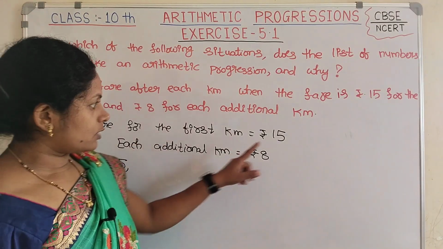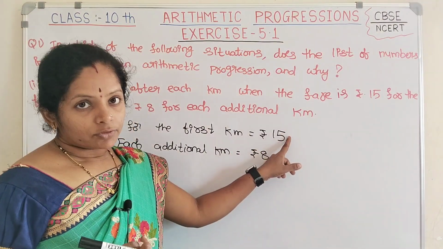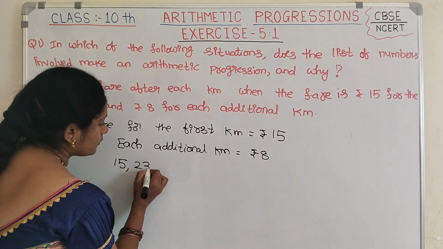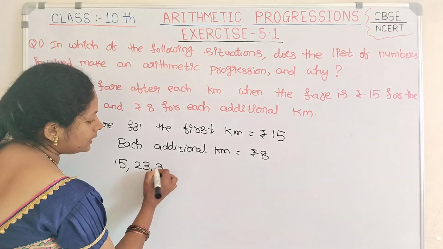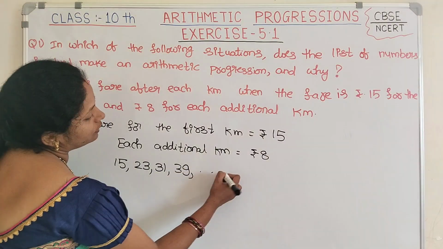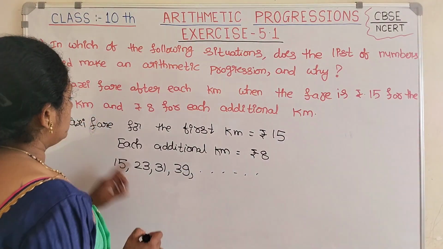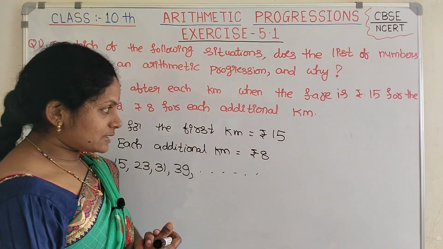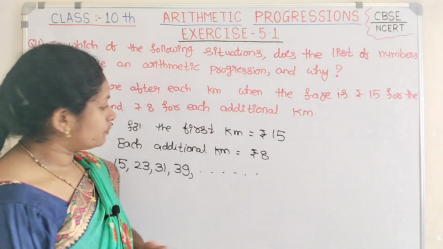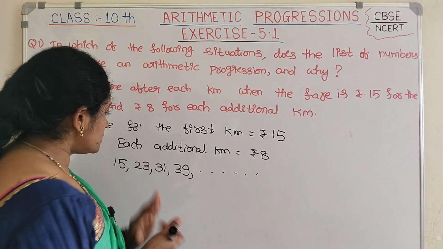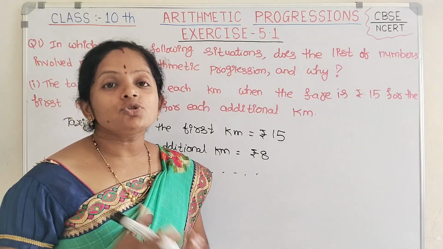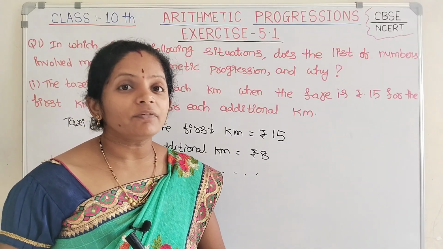From this, can we write 15 comma? This is the first fare. What will be the second fare? 15 plus 8, it is 23. 23 plus 8, 31. 31 plus 8, 39, and so on. The common difference is the same for the given list of numbers. Means the next term we are getting by adding 8 to the preceding term except the first term.